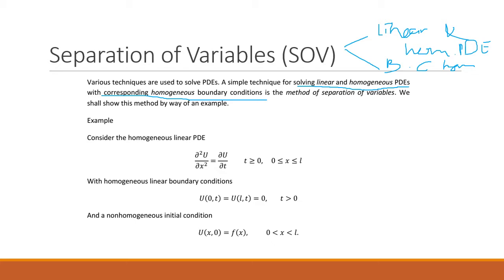Okay, so bila nak guna teknik ni, make sure yang you punya PDE is linear dan homogen, dan juga dia punya syarat sempadan ataupun boundary condition juga homogeneous. Okay, so now kita tengok example.